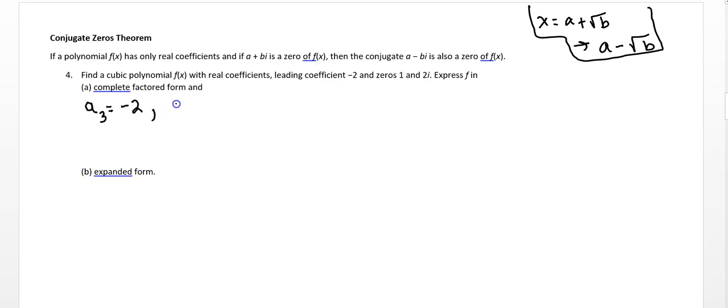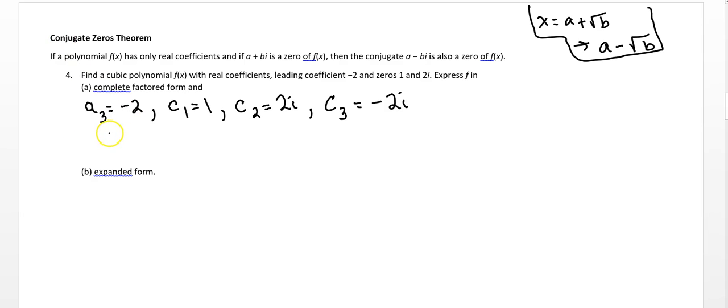We have a zero at 1. We have a zero at 2i, and based on the conjugate zeros theorem, that means our third zero is -2i, because that's the complex conjugate of 2i.